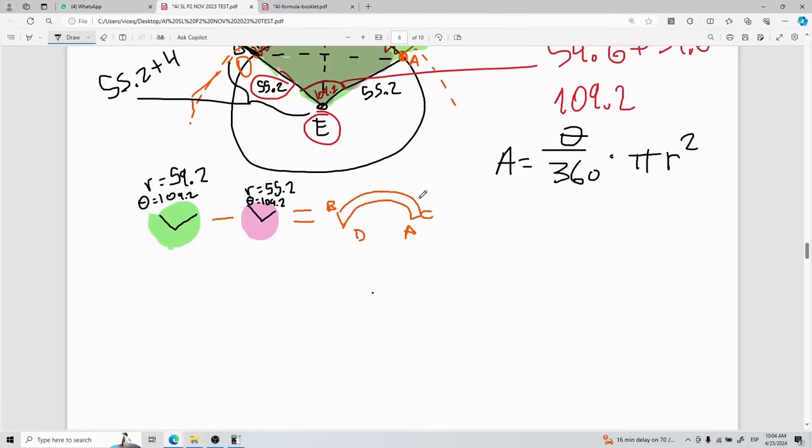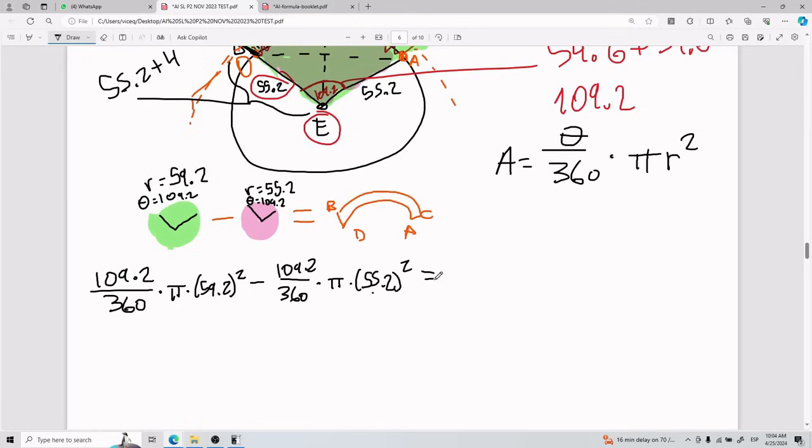And so for the area of the green one, area green is going to be the 109.2 divided by 360 times pi times r squared, so 59.2 squared. Minus, and now I'm going to be putting the guy in pink. The guy in pink is going to be 109.2 divided by 360 times pi times r, which is 55.2 squared. And this will equal the area of the thing I'm trying to find.